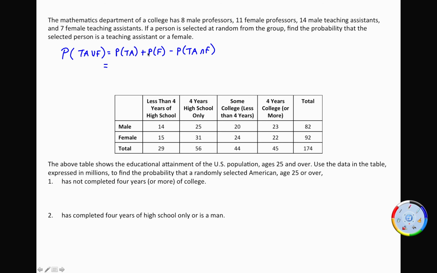There are 14 male teaching assistants and 7 female teaching assistants for a total of 21 teaching assistants out of, plus 19, so it looks like there's 40 total people in the mathematics department. 20, 34, oh, okay, 19, 26, yeah, 40.